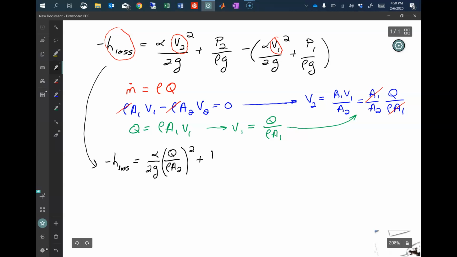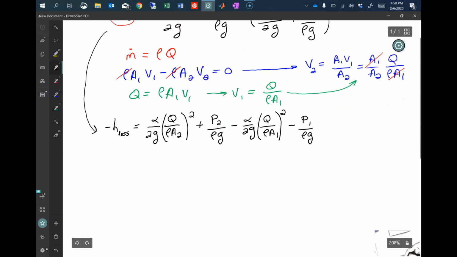Plus P2 over rho G, minus, and then this would be the alpha over 2G. And I have V1. V1 is equal to Q over rho A1, and that's V squared. And then this negative goes with the pressure inside, so that'd be a minus P1 over rho G.